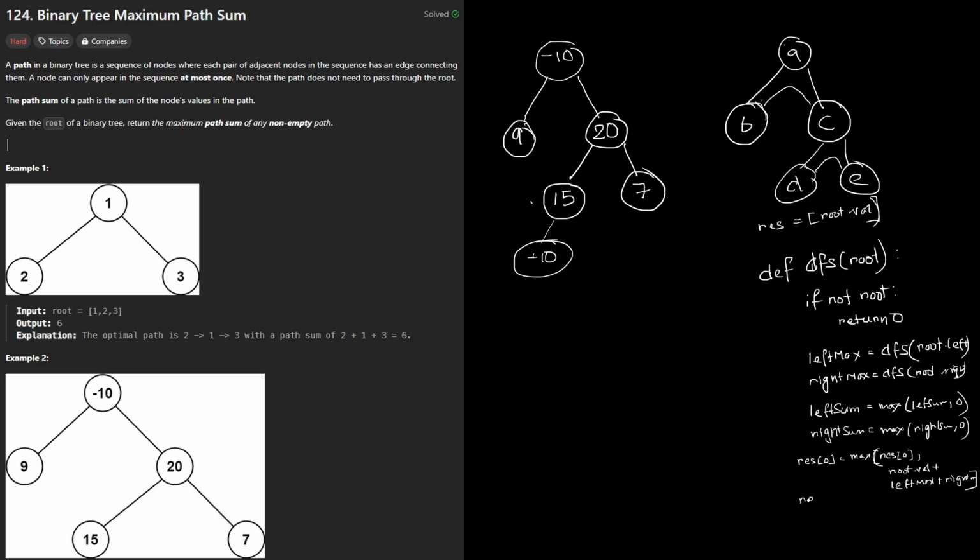Straightforward. And at last we're going to return our root val for all the other cases. Only one thing can go, whichever is maximum, whether left child or right child. So it will be root val plus the maximum of left max or right max.